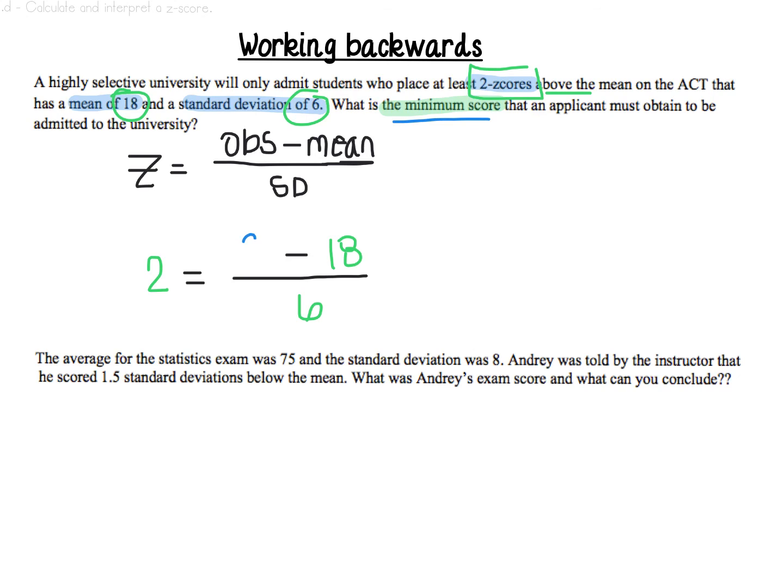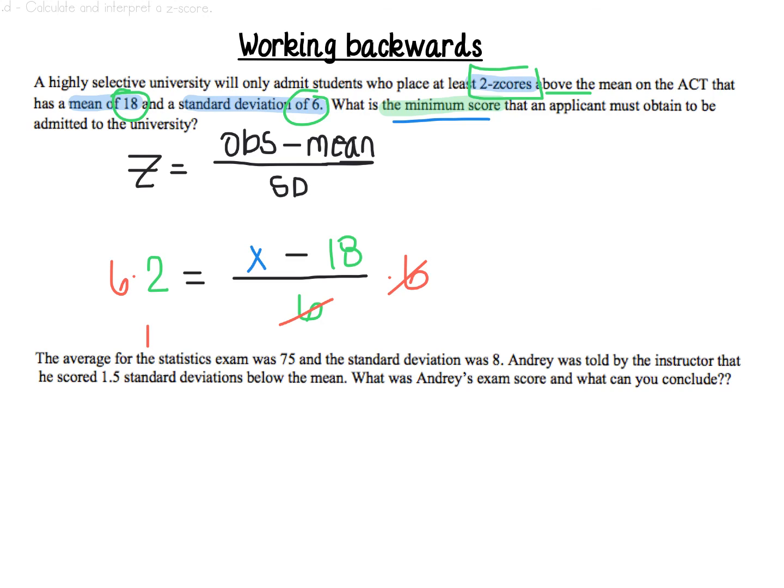So what would this be? Minus 18, because that's the mean, divided by 6, the standard deviation. So how would I get this by itself if I didn't know what it was? Let's call that x, because we don't know what it is, so let's make it a variable. So (x minus 18) over 6, and we want it to equal 2. So now we just have some basic algebra. Let's multiply by 6 to clear out the divided by 6.